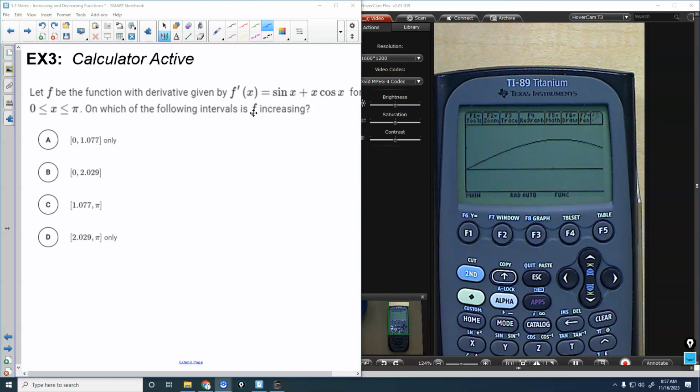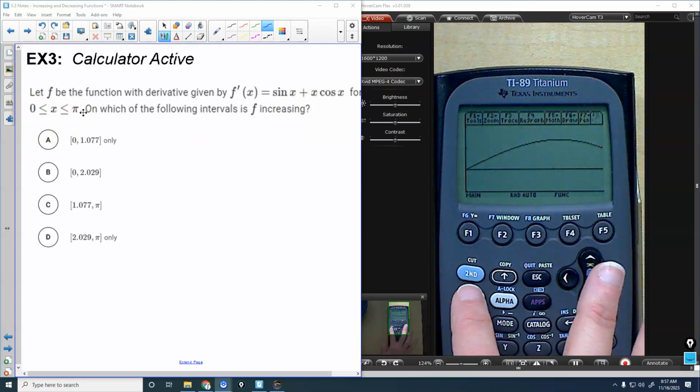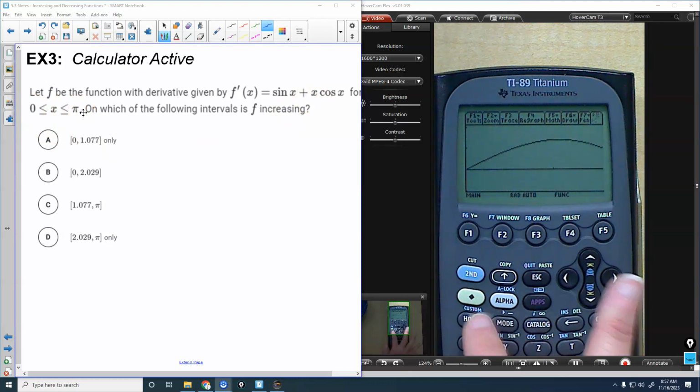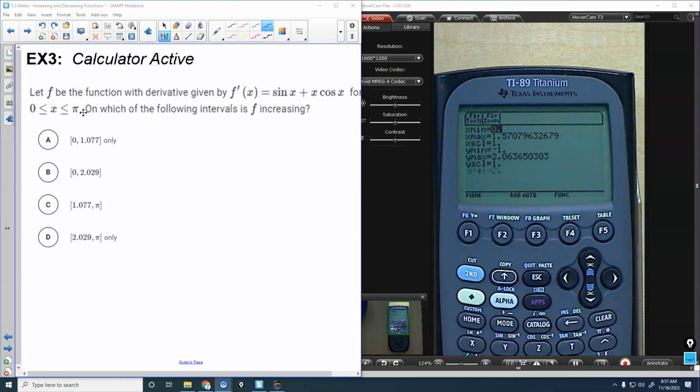I probably should have done that first. The interval is from 0 to pi. So let's change our window. My window is off, so I'm going to go to the window and do 0 to pi. I'm going to hit enter, and I'm going to graph.